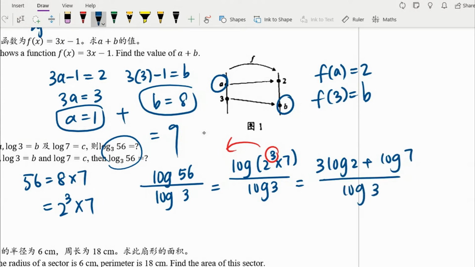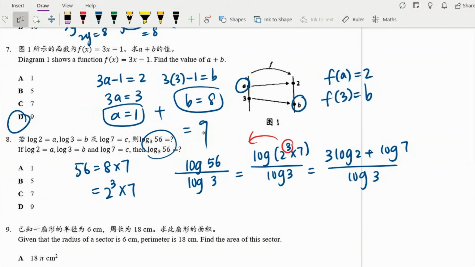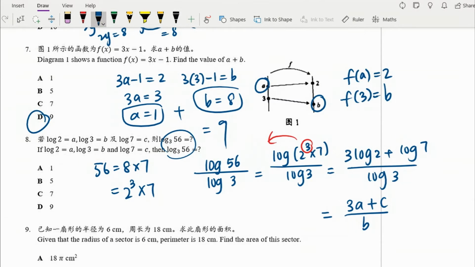Then you can sub in all the values you have here. 3 times log 2 is 3a, plus log 7 is c, over log 3, which should be b. Oops, I think I forgot to change this one here.